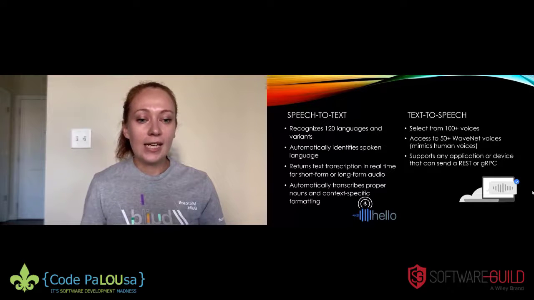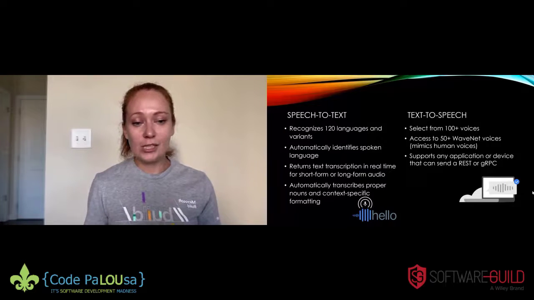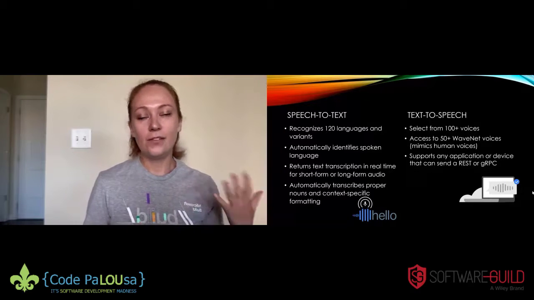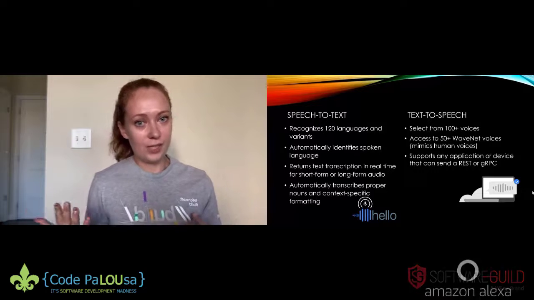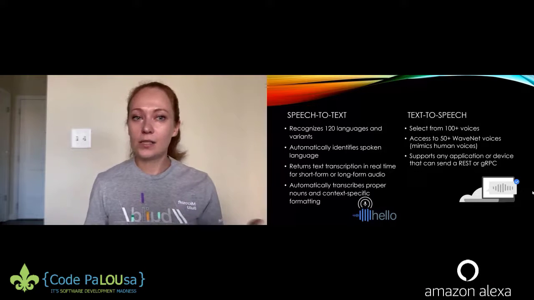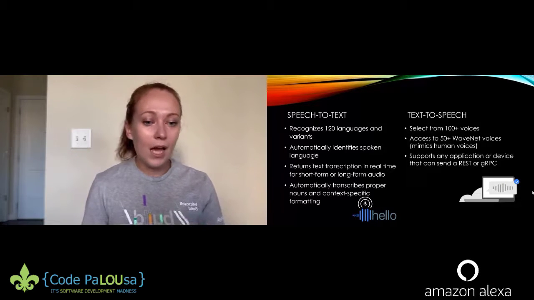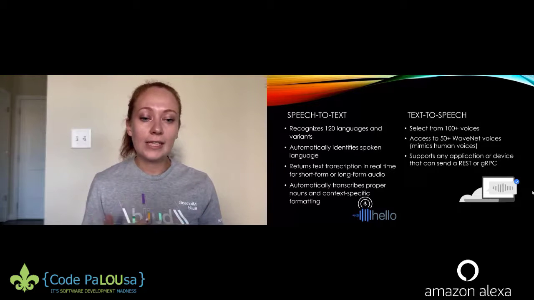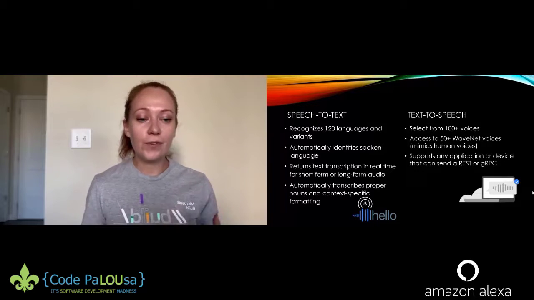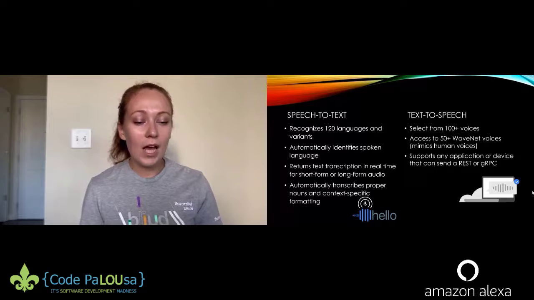Next one here is text-to-speech. It offers more than 100 different voices, different languages, different genders, different dialects. So we all know about that. It also offers access to more than 50 WaveNet voices.